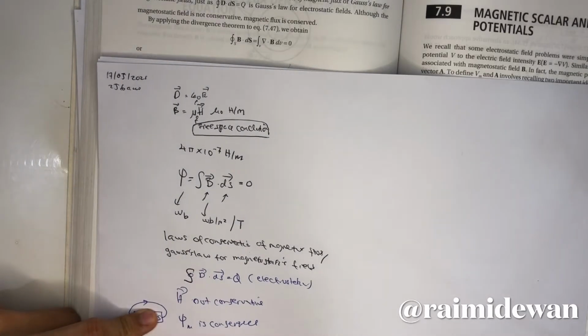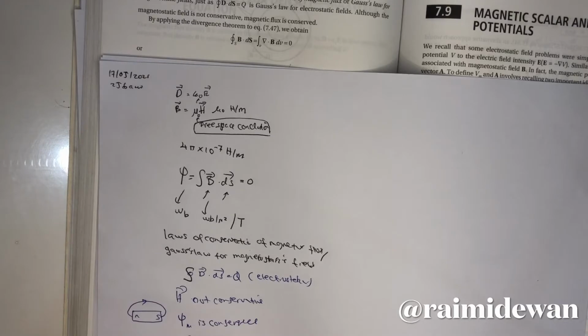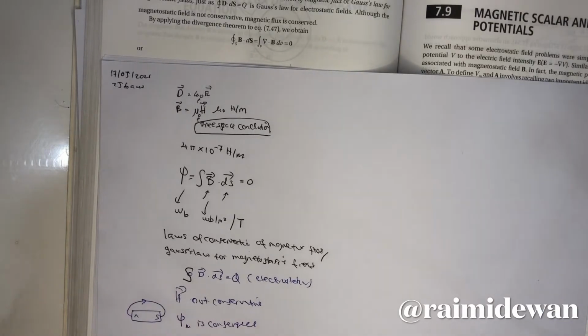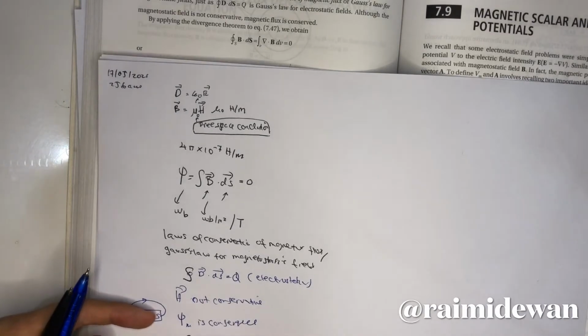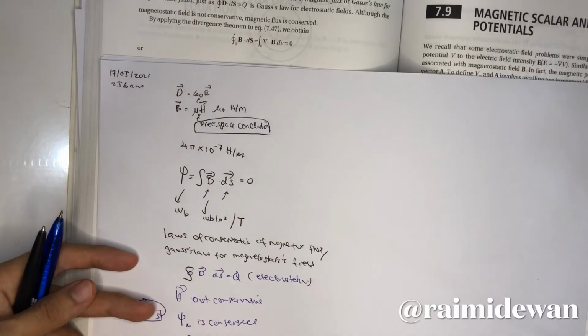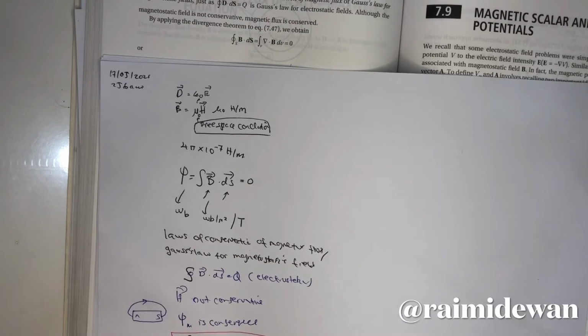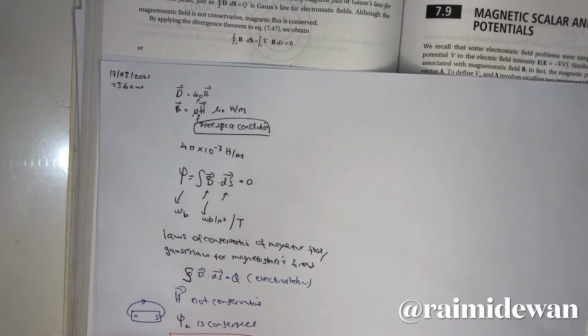This one is divergence. If you have a dot product, the result will be a scalar, and the same for this one. So applying the divergence theorem, we have this equation: the surface integral on one side and the volume integral of the divergence of B equals 0 on the other.